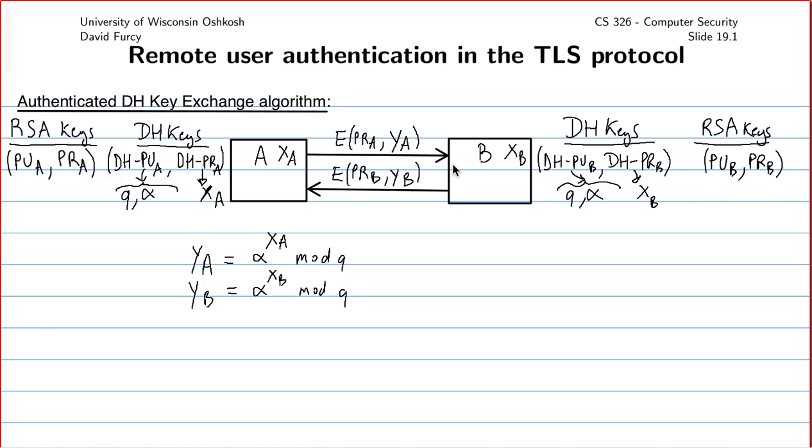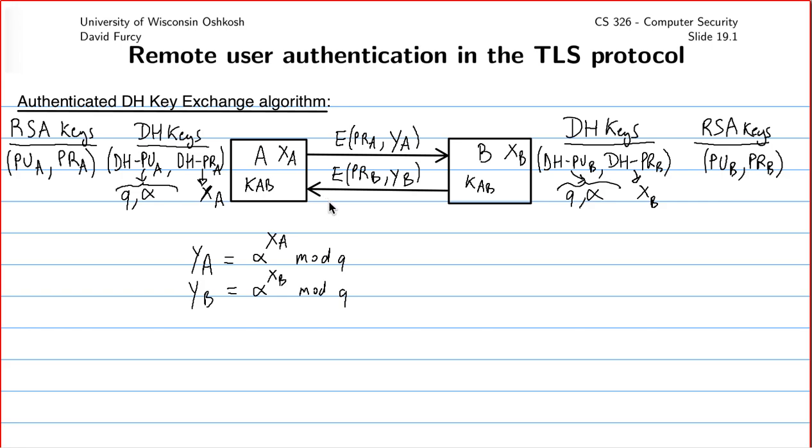And then finally, in order to obtain the final key, that is the goal of this algorithm, this is a shared key shared by A and B, so we're going to call it K sub AB. It's going to be computed using this y and x value. So in particular, Alice is going to compute the following value.